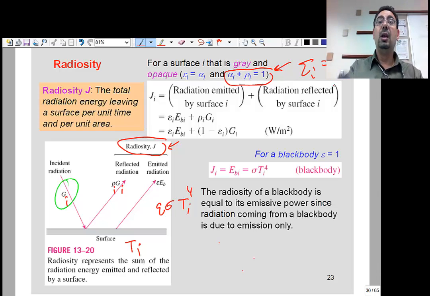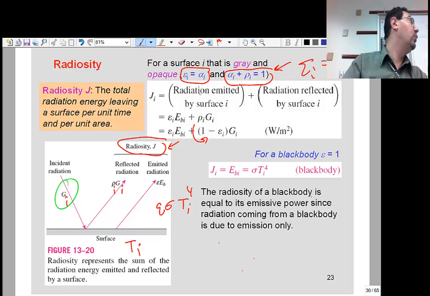So alpha I plus rho I is 1. But he didn't say that rho I is 1 minus alpha I. He said it's 1 minus epsilon I. Well, that's because for gray surfaces, epsilon I equals alpha I. So what you absorb, your absorptivity, is also your emissivity.